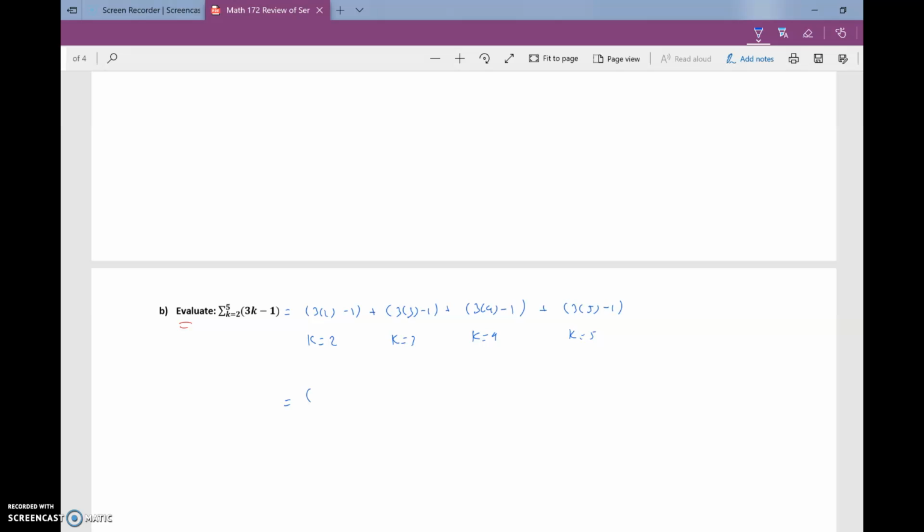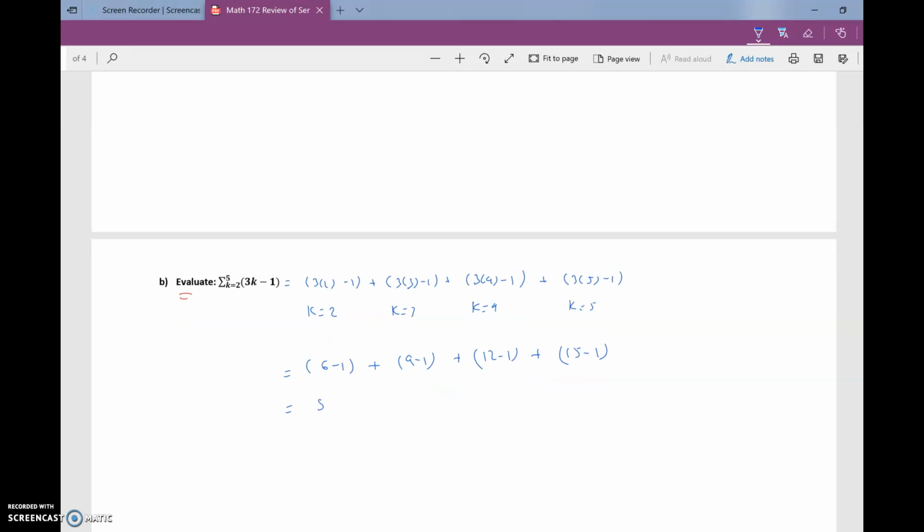So we're looking at 6 minus 1 plus 9 minus 1 plus 12 minus 1 plus 15 minus 1. Or for the first one, I'm getting 5 plus 8 plus 11 plus 14.